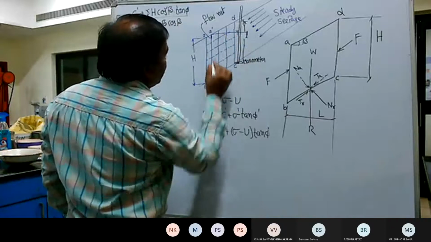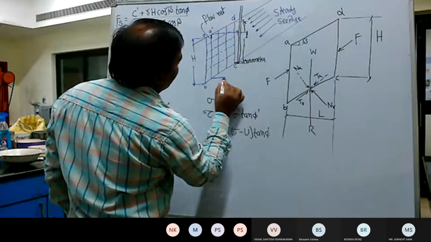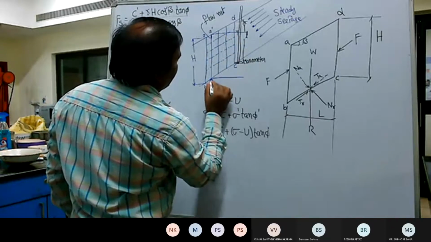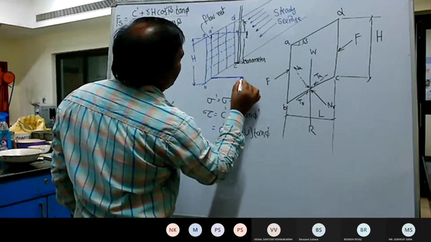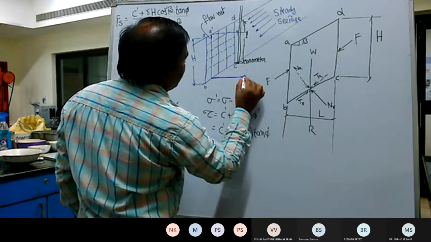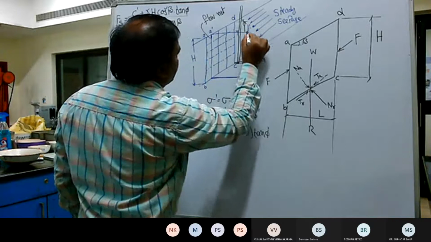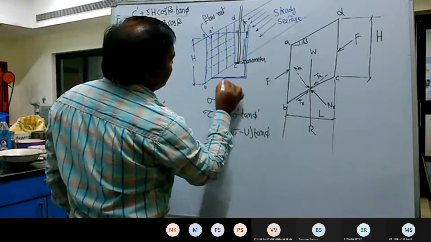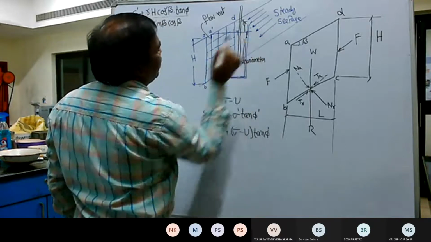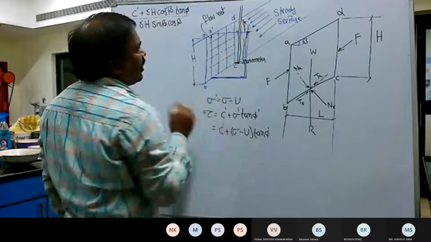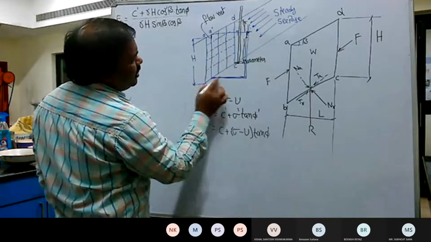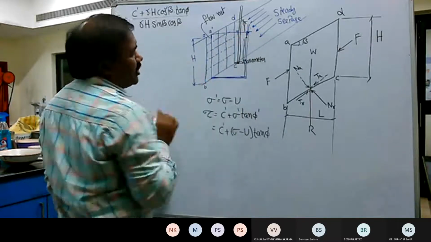Suppose again I put my manometer here, this is the rise of the water level. Here the water level rises up to this one. If I put the manometer here, the water rises up to this point.